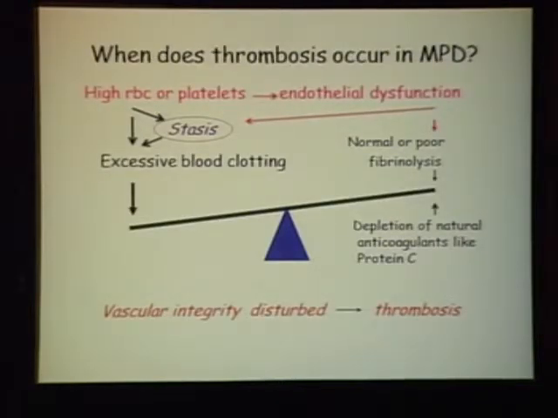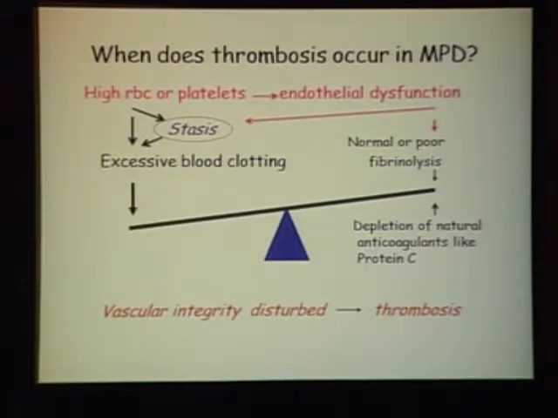Now, thrombosis occurs in myeloproliferative diseases when high red cell numbers, high platelet numbers, or endothelial dysfunction, which may be related to those mechanical and chemical forces, engender stasis, which leads to too much blood clotting.